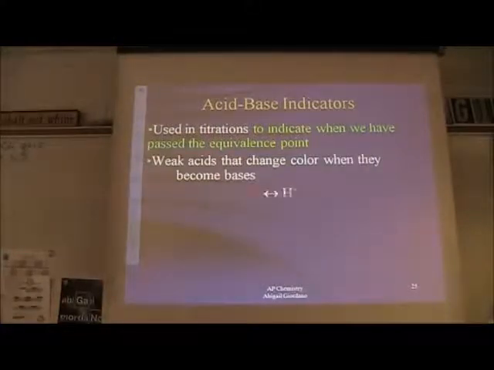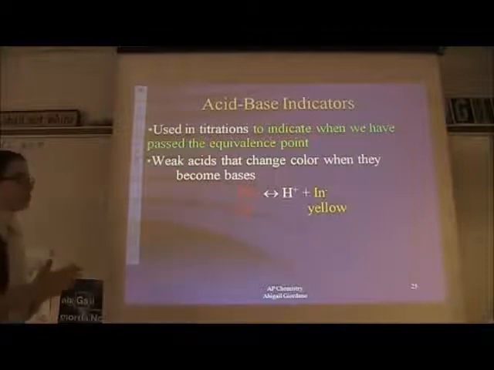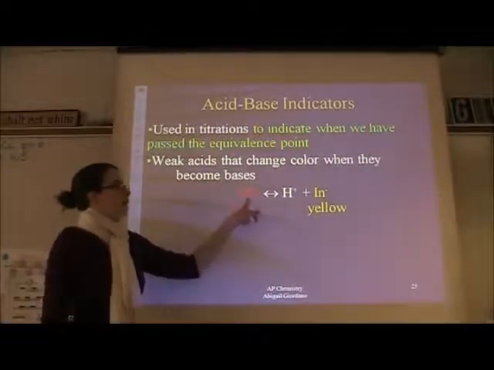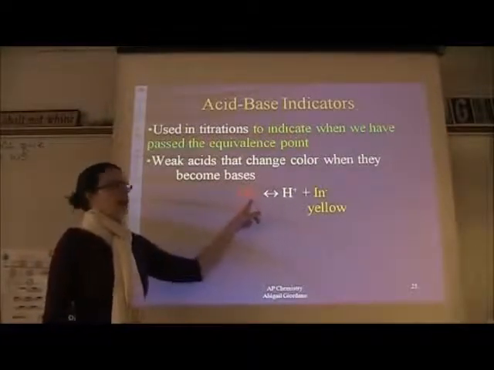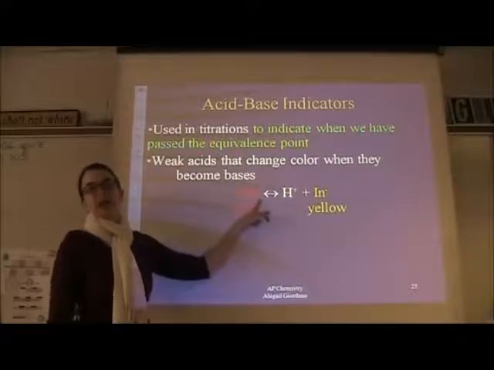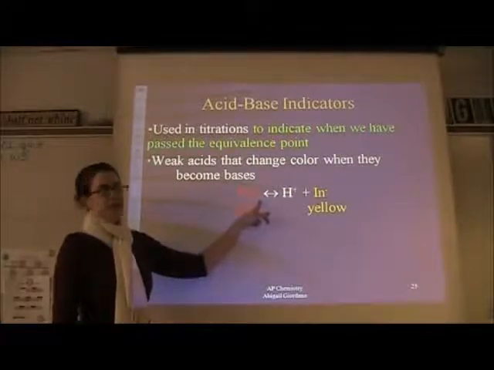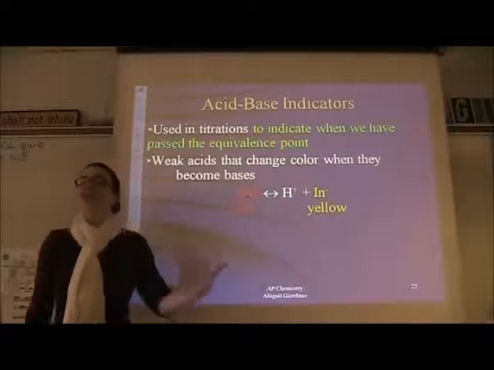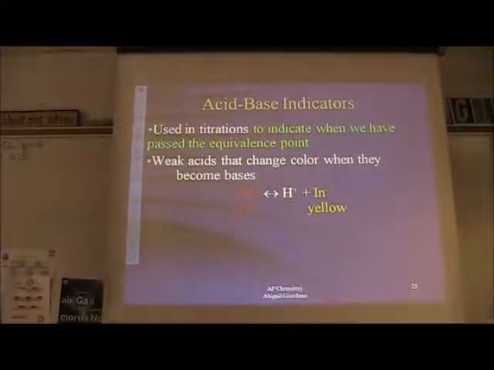Now, how do they do that? Well, first of all, this IN right here, guys, I am not meaning the element indium. Okay? I'm using IN to stand for indicator. You need to know that indicators themselves are weak acids.